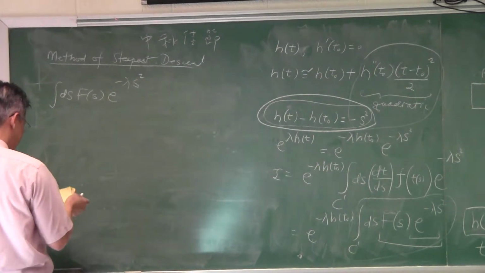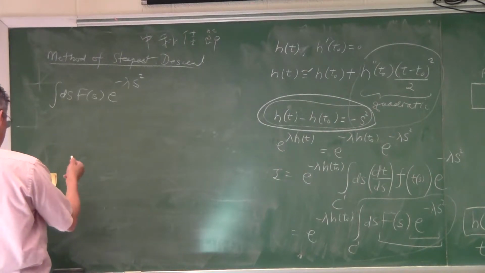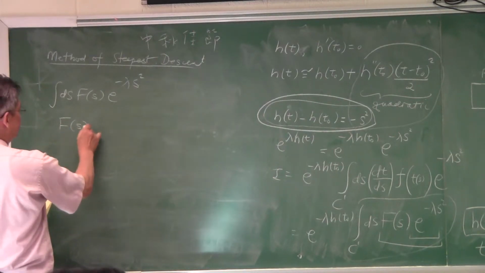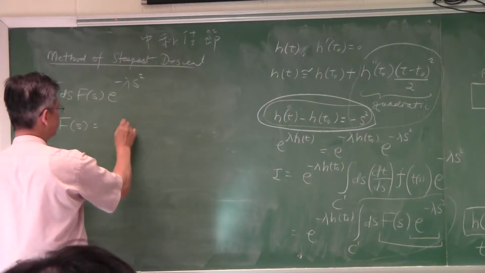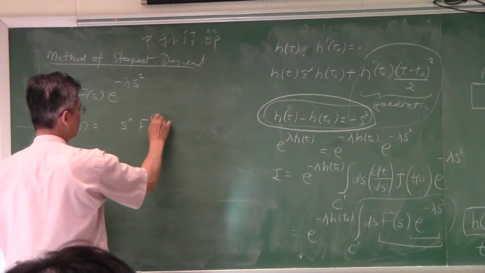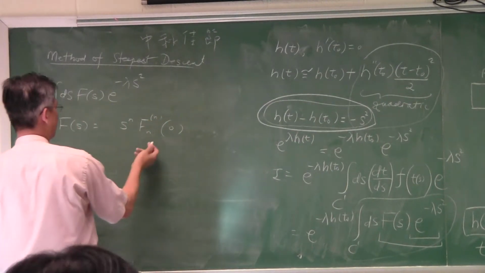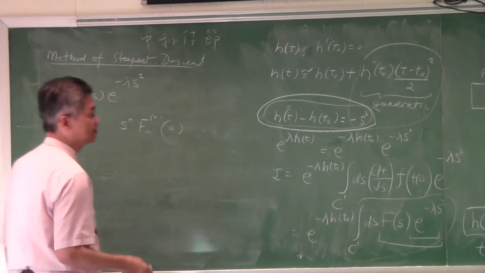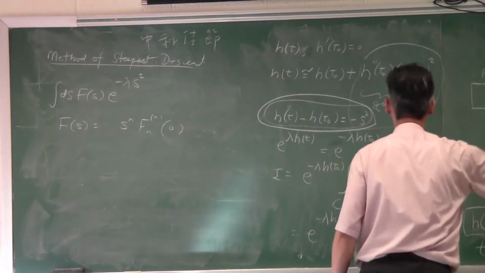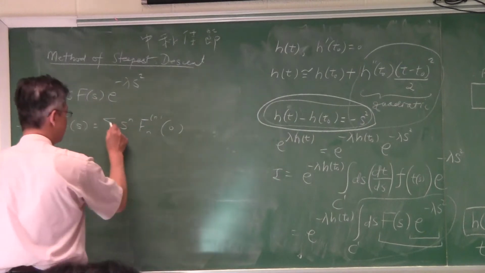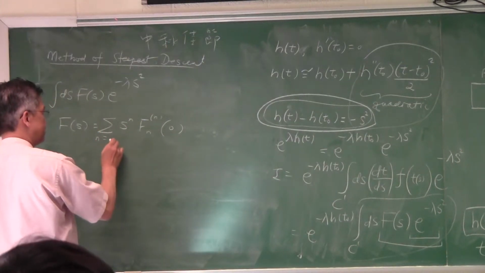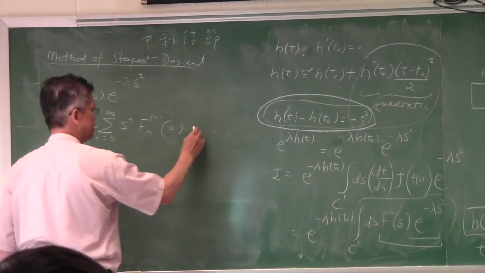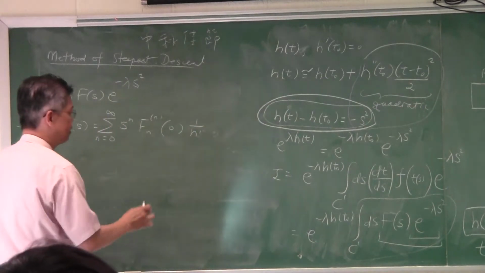And I will let f of s be written as a Taylor series expansion in s to the n. I will Taylor series expand around the origin because that's where most of the contribution will come from. This Taylor series expansion is from 0 to infinity, 1 over n factorial, right?